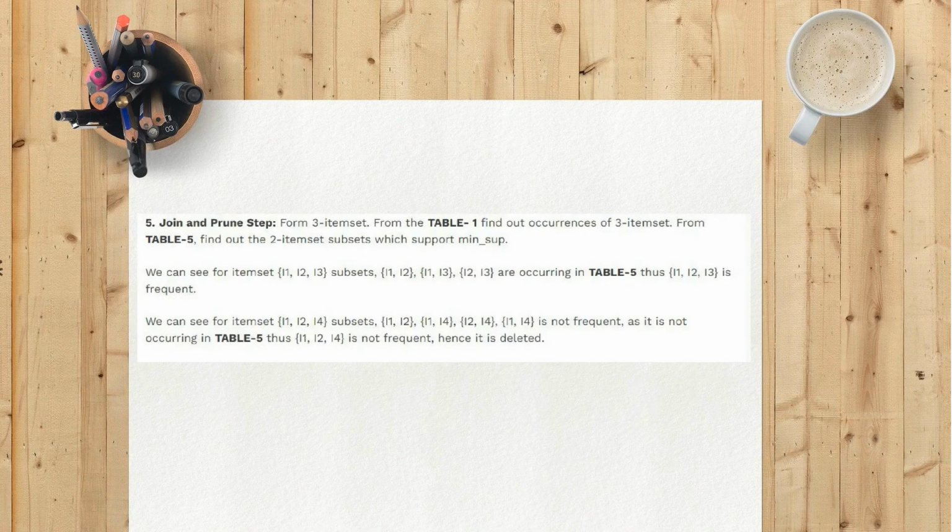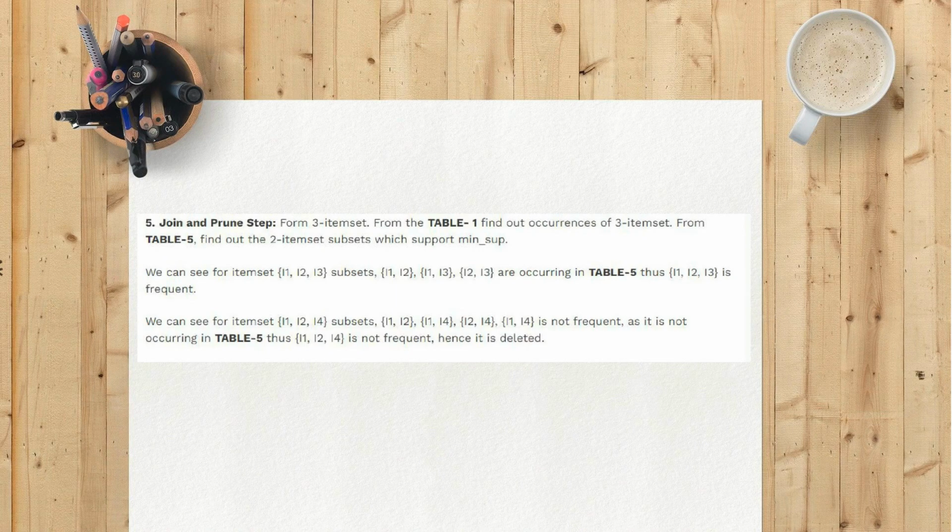Step 5. Join and prune step. Form 3-item sets. From Table 1, find out occurrences of 3-item sets. From Table 5, find out the 2-item set subsets which support min_sup. We can see for item set I1, I2, I3, subsets I1, I2, I1, I3, I2, I3 are occurring in Table 5. Thus, I1, I2, I3 is frequent.